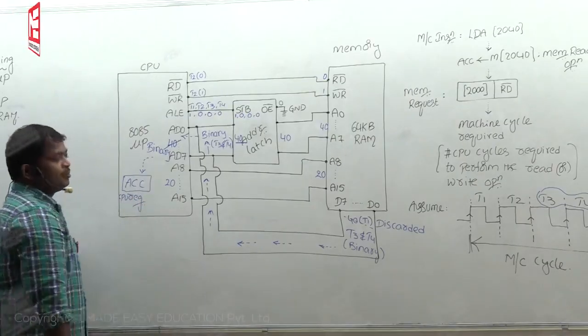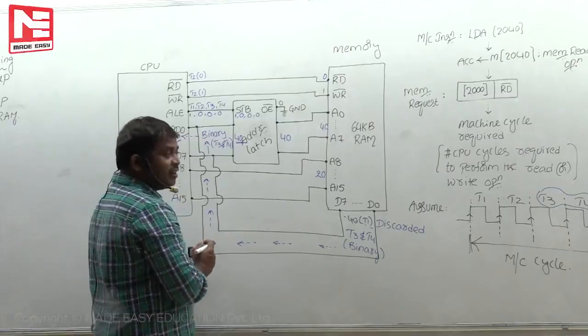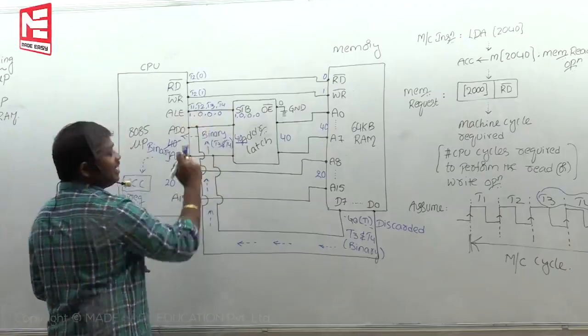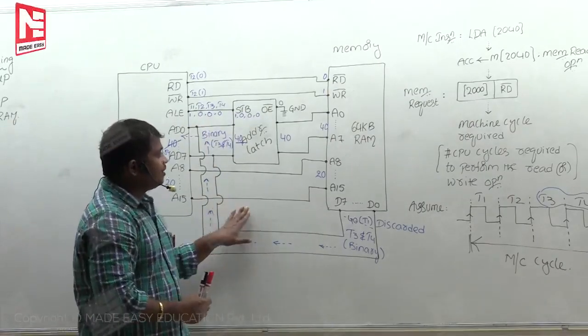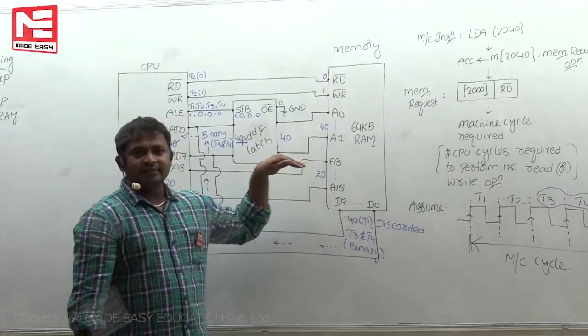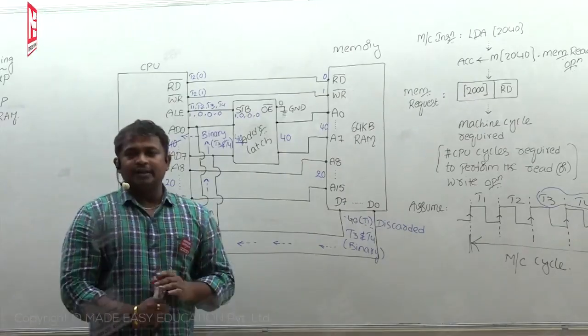CPU register accumulator. Okay. So after completion of this machine cycle, when the next machine cycle starts, ALE pin is again set to 1. Okay. Until this machine cycle is completed, in the memory body the 2040 cell is activated. Okay. After this machine cycle, one action is completed.